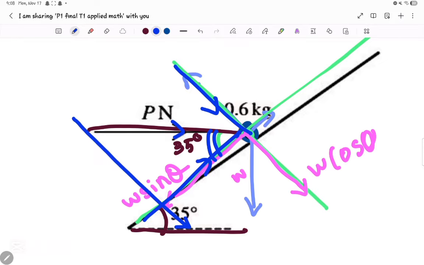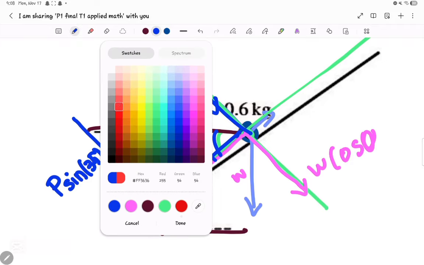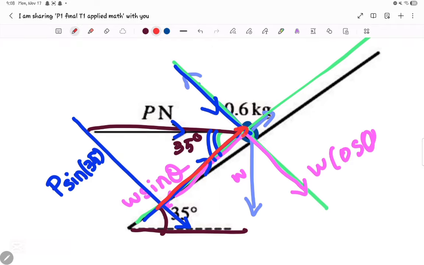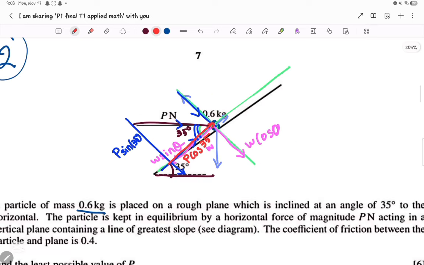So then, what would this value over here be? This would be P sine 35, because it's opposite, so you'll use sine. And this value over here would be P cosine 35, because it's adjacent.